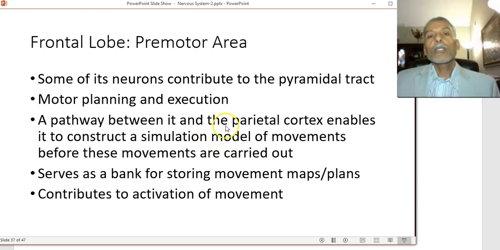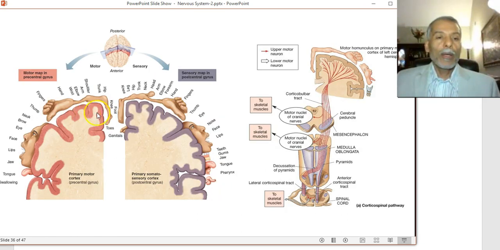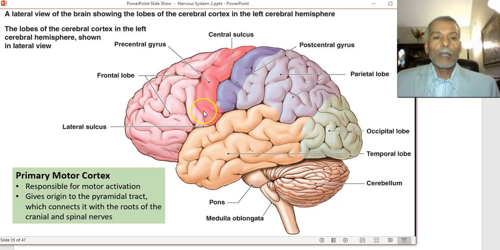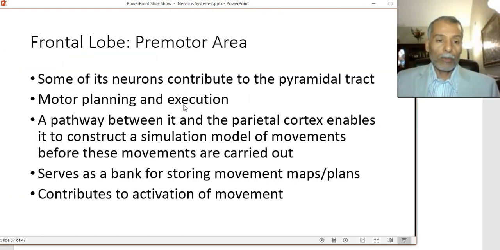And also that premotor area serves as a bank for the movements that you perform, so that when you do perform them next time, you are going to perform them better and you are not going to make more mistakes. At least you have something to go back to. And it's important for motor activation as well.